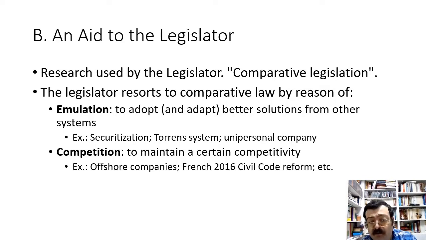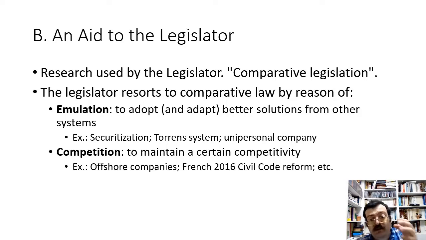In this sense, scholars usually speak of comparative legislation instead of comparative law. Why would a legislator resort to comparative law? We can talk about two reasons why. First, emulation. The idea of emulation takes us back to the notion of imitation, which we saw earlier on.